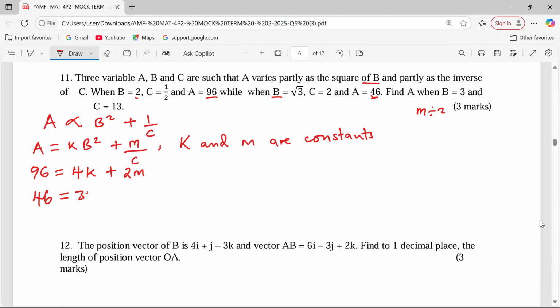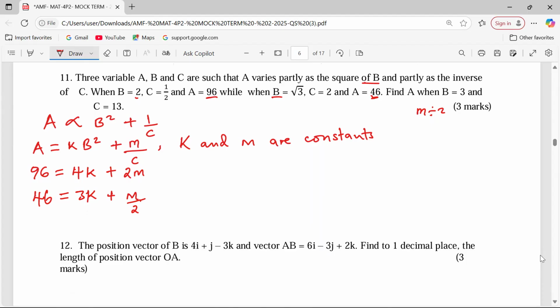So it becomes 3K, because when you square root 3, it becomes 3. Plus M should be divided by 2. So that becomes M over 2. Yeah, C is 2, unlike when C was a half. So dividing by a half made it 2M. Yeah, so M over 2, that way.